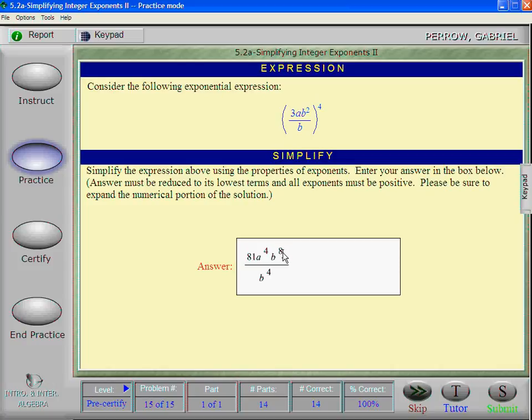You've got b to the 8th on top. You've got b to the 4th down below. So you could subtract the 4 from the 8 with these b's, and there actually won't be a fraction anymore. You'd end up with 81, so I have to backtrack here, 81 a to the fourth b to the fourth. And that should be a final result.